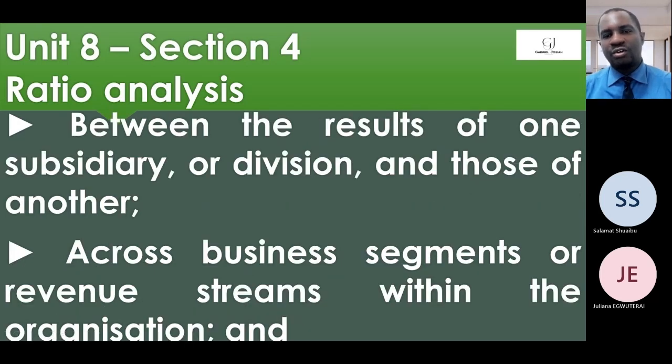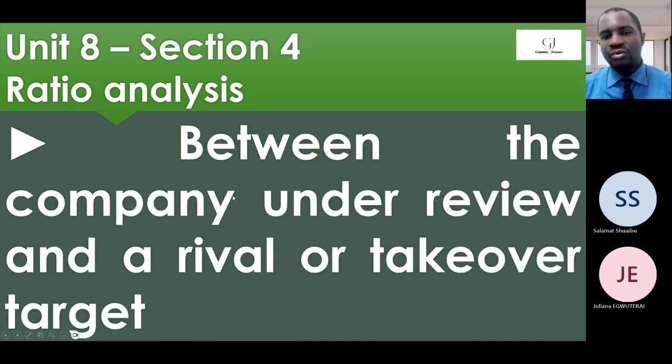So between the results of a subsidiary also, we could perform ratio analysis between the results of the division, a segment, and that of another one. We could also look at ratio analysis across business segments, revenue streams within the same organization, in comparing them to see their results and their variations and how to explain those variations very practically. We also look between the company under review and a rival or a takeover target.